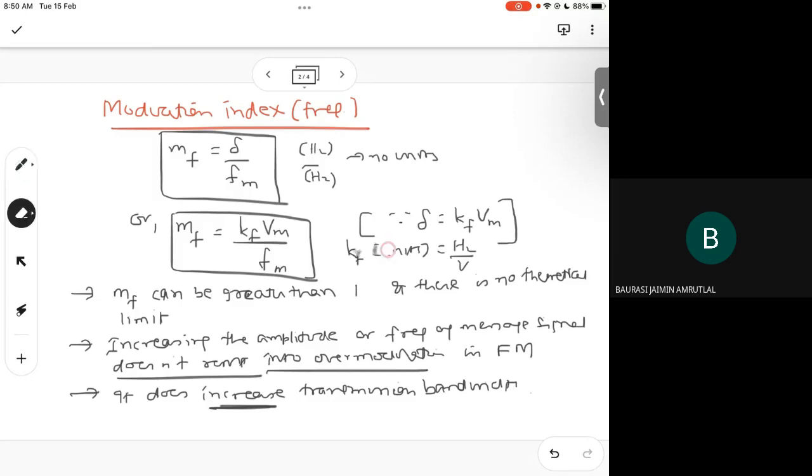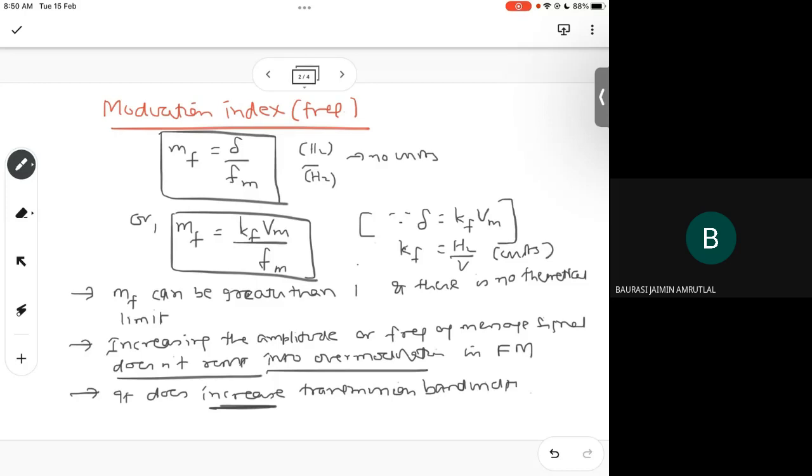Please note that this is very important. kf, though we call it a deviation constant, has the units of hertz per volt. That's very, very important. Somebody asked this question and I am clarifying it again because this is something we have to understand.